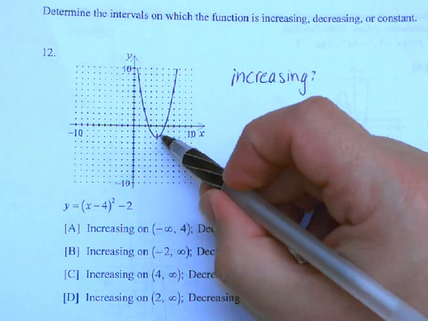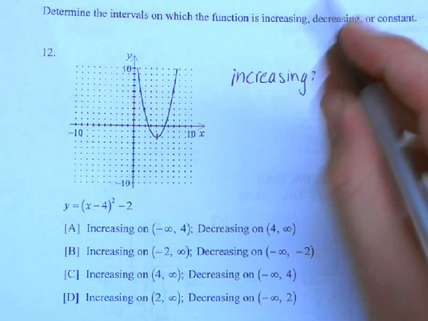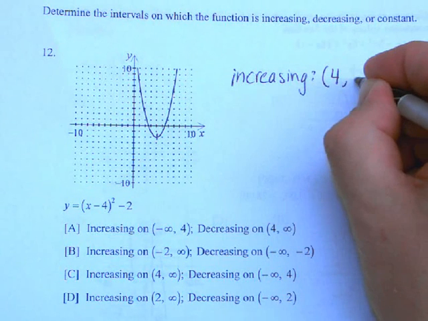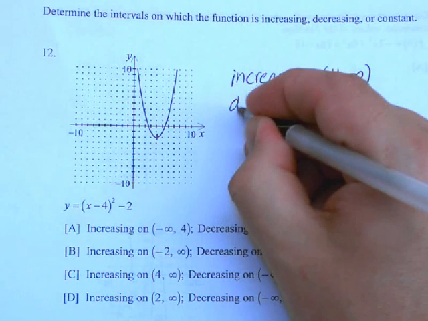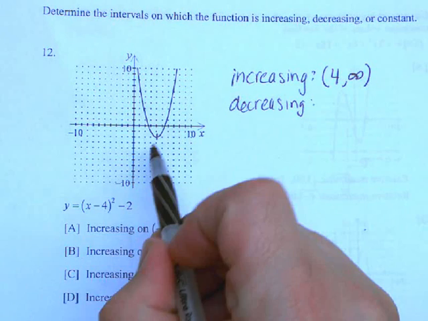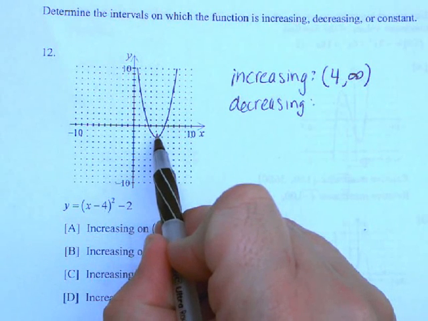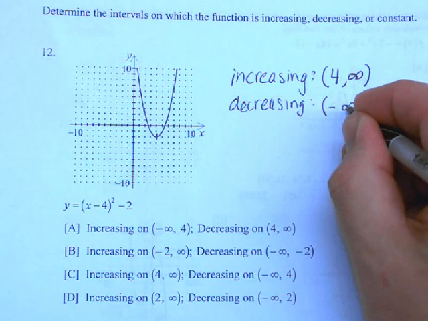So increases from 4 to, it looks like, infinity. Then decreasing, it looks like it's decreasing at every value up until 4. So that would be from negative infinity to 4.